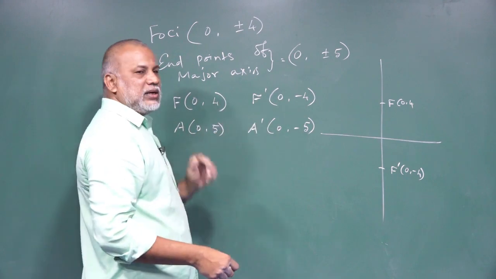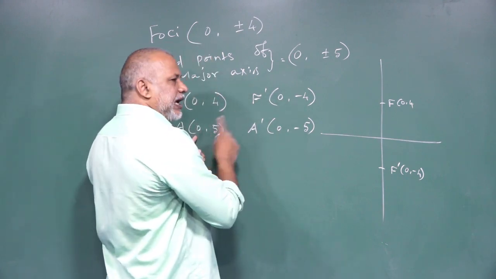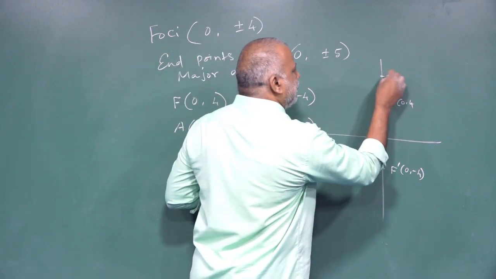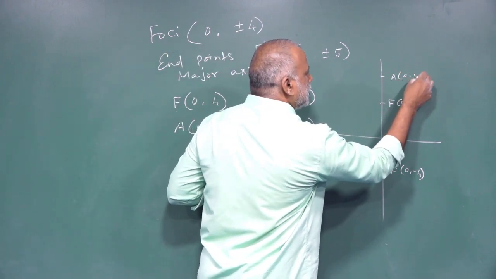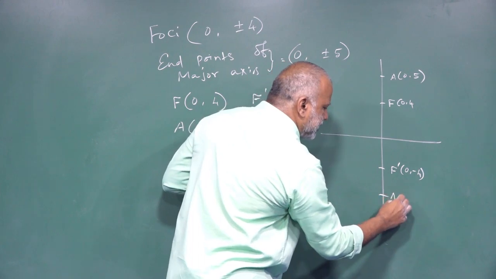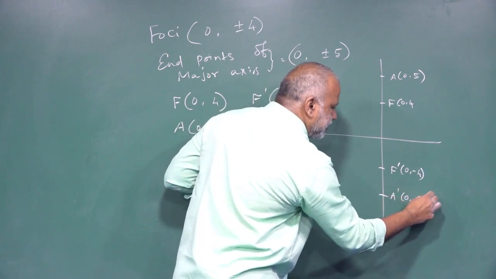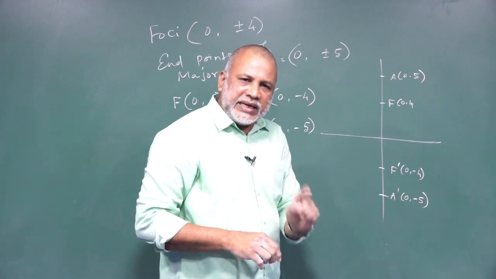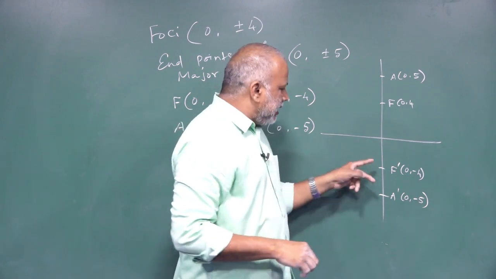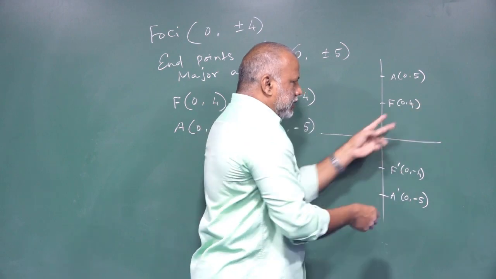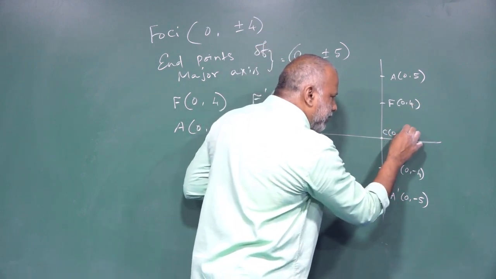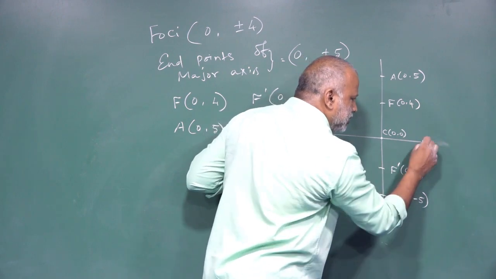After that, endpoints of the major axis are nothing but vertices: A, 0, 5 and A dash, 0, minus 5. Then, what is the meaning of center? I already explained, center C must be the midpoint. See, here 0, 4 and here 0, minus 4. That means center must be 0, 0 only, because it is the midpoint.